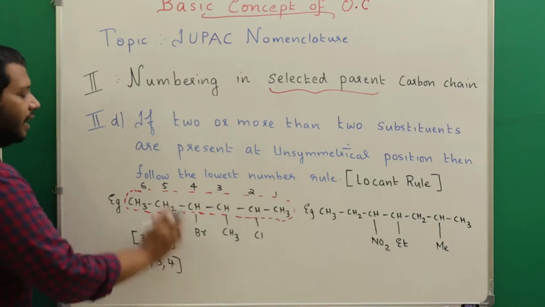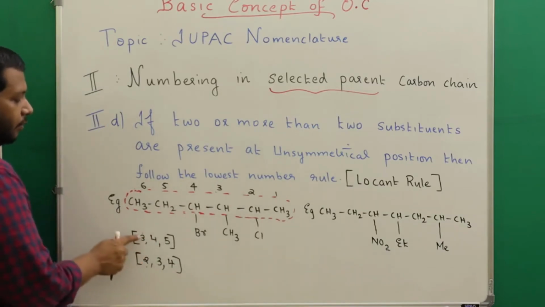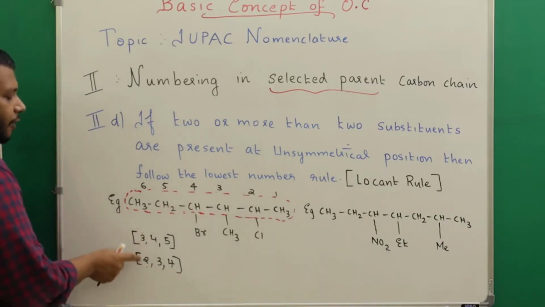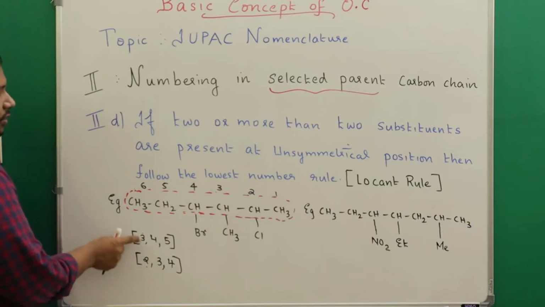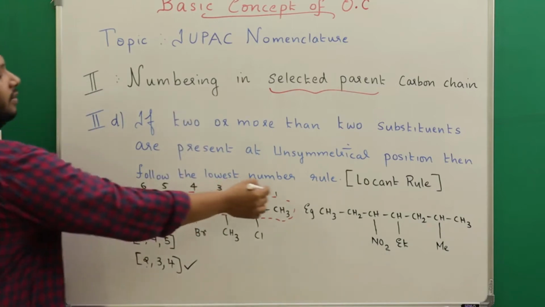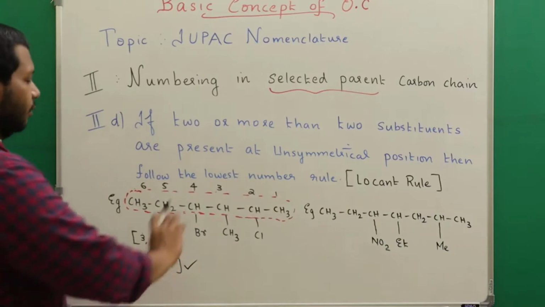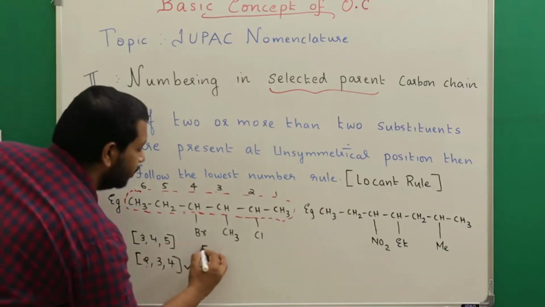Then I will not compare the other numbers. Very important, we stop at this position itself, because this is also called the first point of difference rule. So here 3 and 2, which is the lowest number? 2. So this should be my correct locant, and that means this is my correct way of numbering. Understood? I will give you some examples of locants and you should tell me which locant is correct.